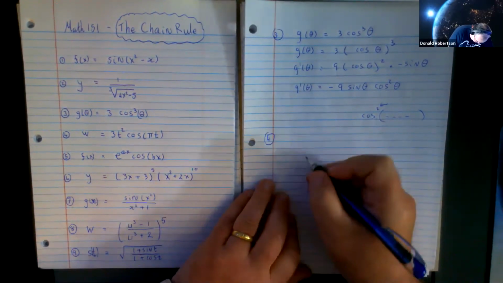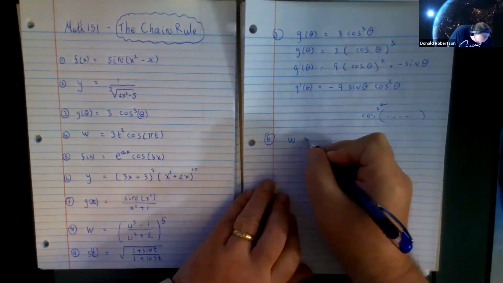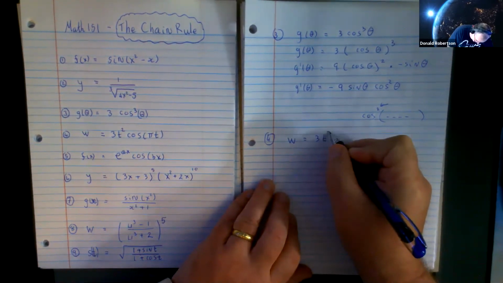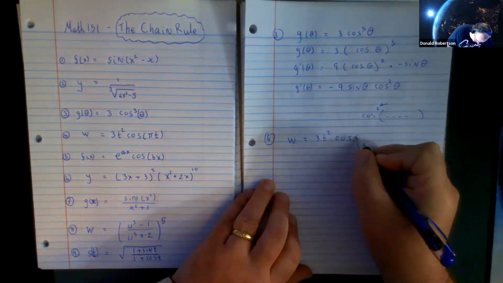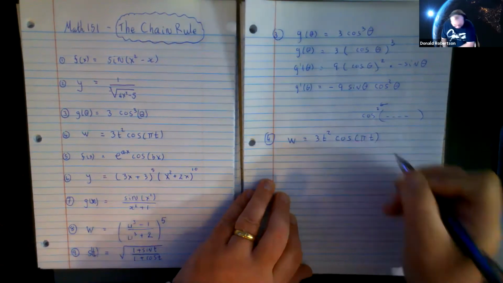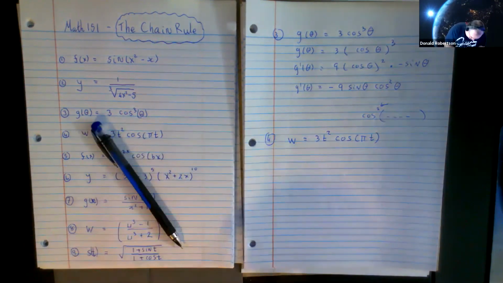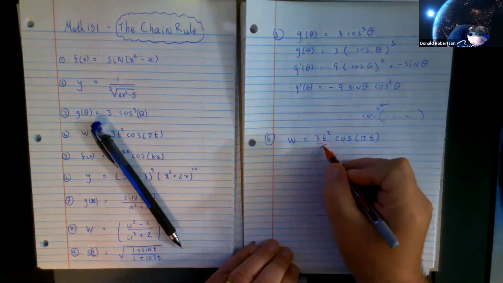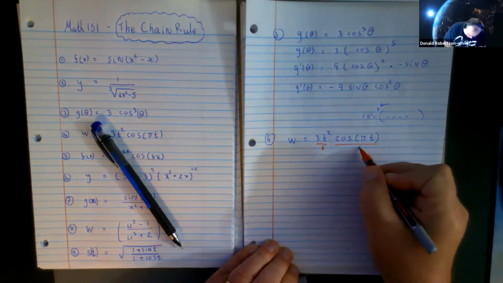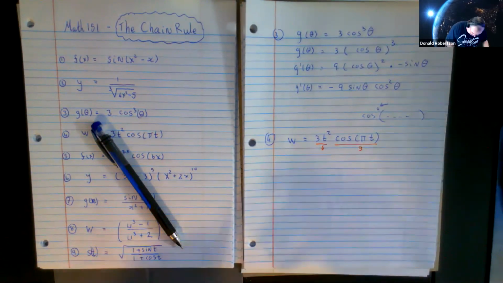4. W is 3t squared cosine pi t. Do you look at that guy? I hope you see a product rule. This will be my f, and this will be my g. And that's good because it is a product rule.